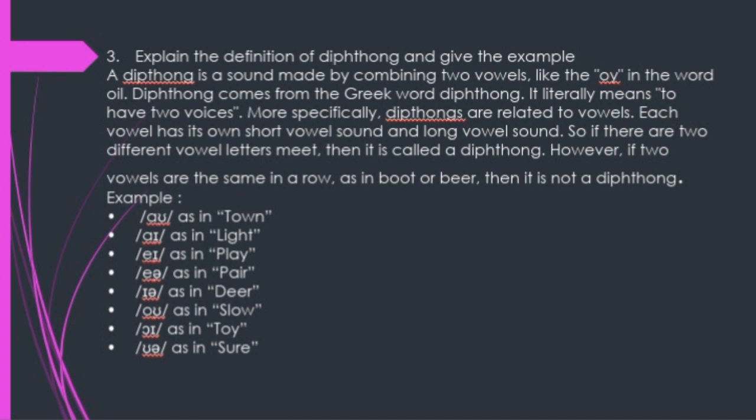So if two different vowel letters meet, then it is called a diphthong. However, if two vowels are the same in a row, as in boot or beer, then it is not a diphthong. Examples: tone, like, fly, fire, dear, slow, toy, sure.